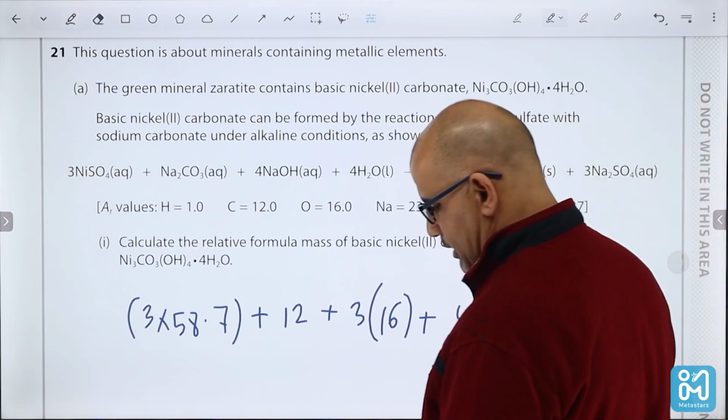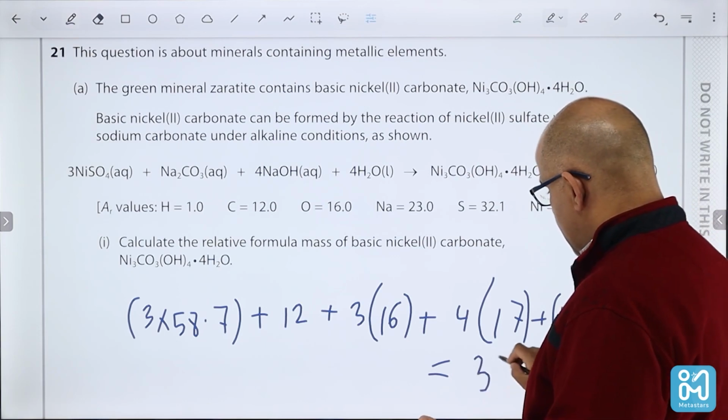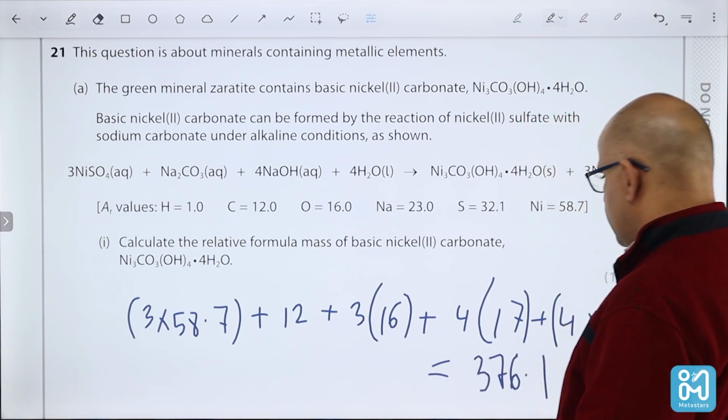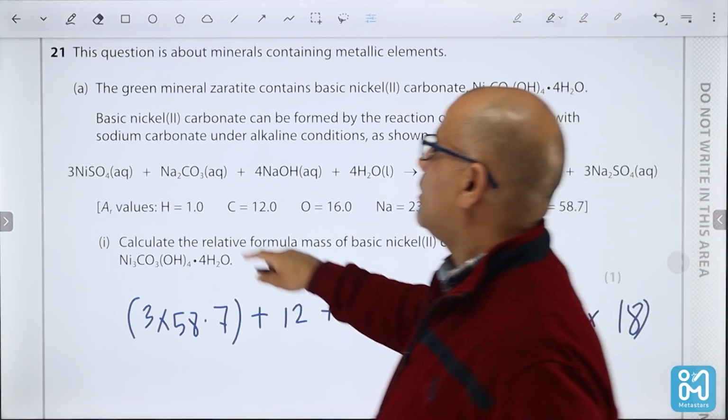So we got the final answer, which is 376.1 grams per mole.